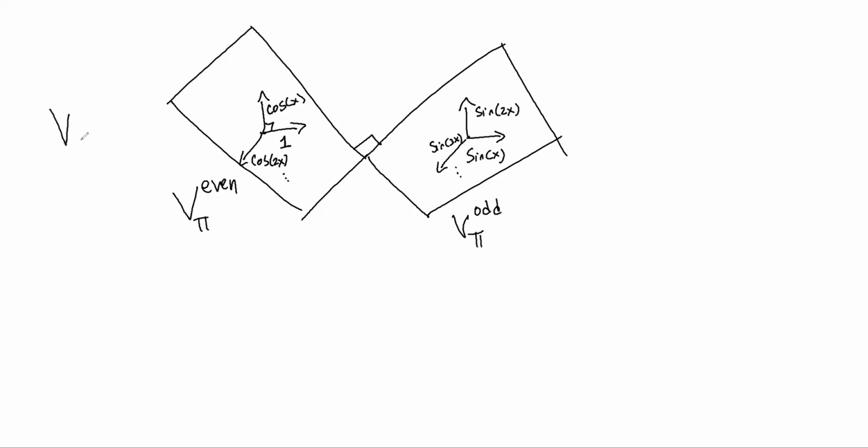And V pi looks like this. So there are these orthogonal sets living inside these subspaces. They're all non-zero and pairwise orthogonal. And that means that they're linearly independent.